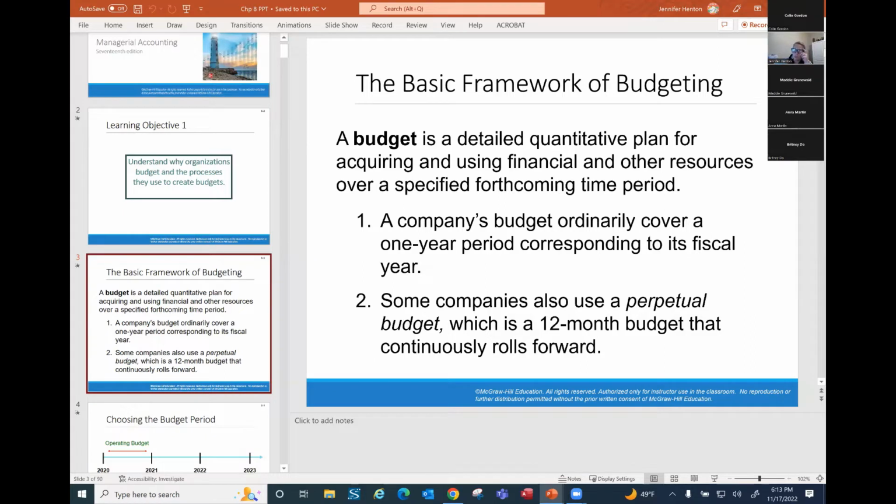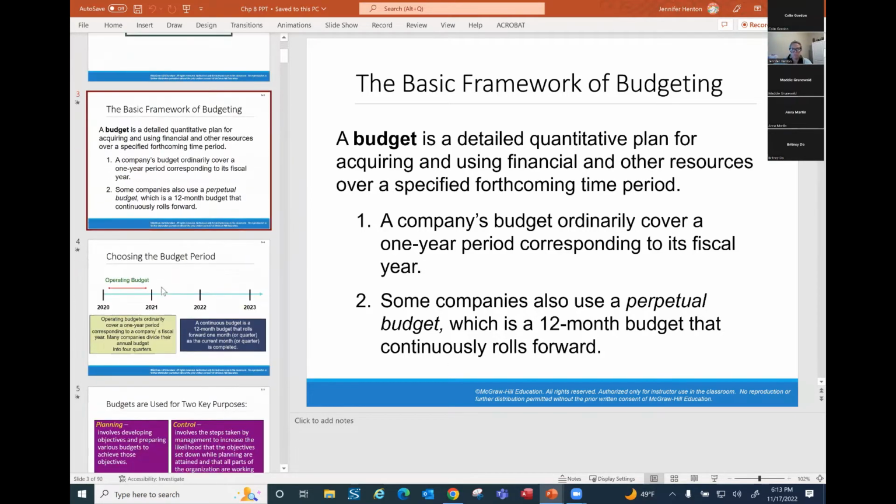And so that's usually the budgeting process. But sometimes you may have an organization that will do a 12-month budget, and it just keeps rolling. So it's never ending, it's just perpetual, just keeps rolling continuously for 12 full months.